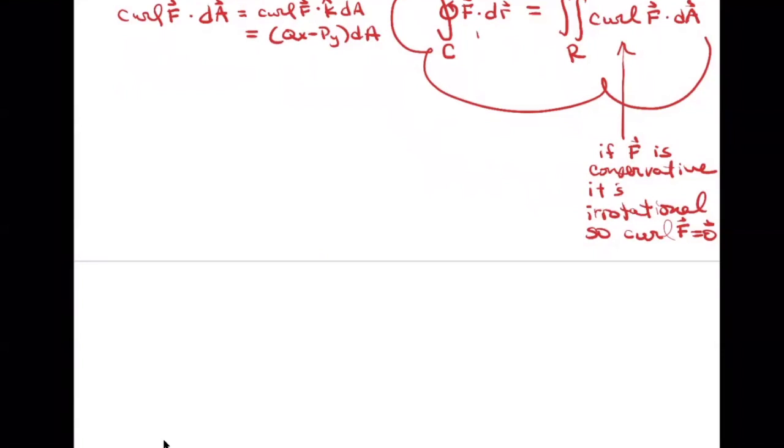And we know if the field is conservative, then the work around a closed loop is 0.